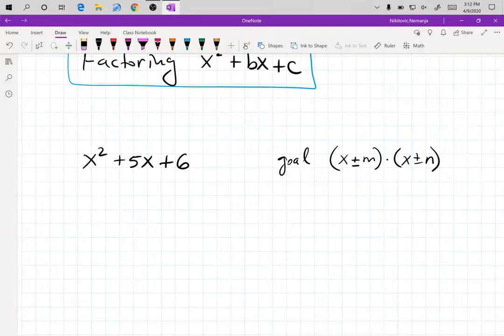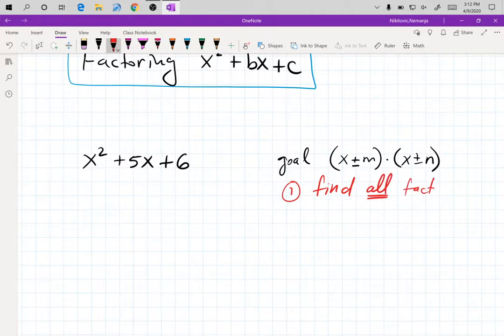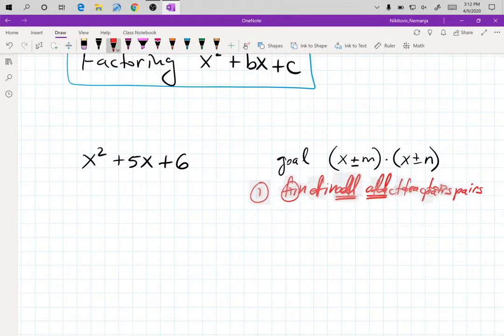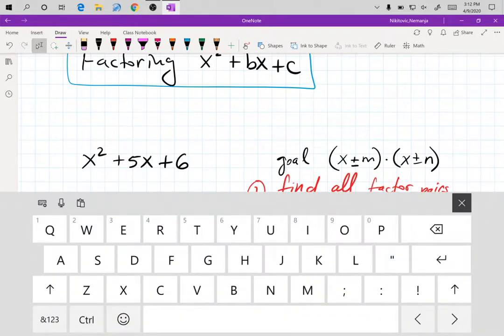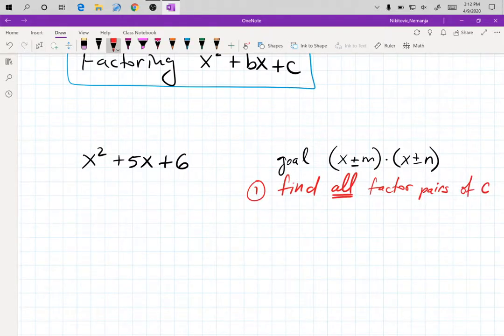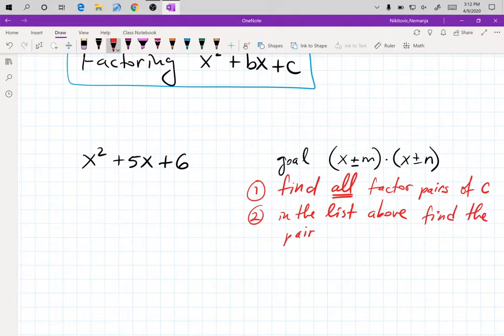So the steps would be: find all factor pairs of c, and then in the list above, find the pair adding to b.